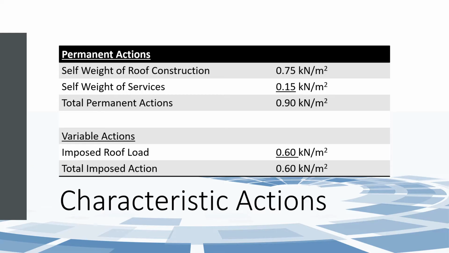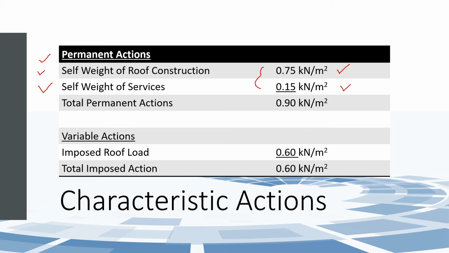At first, we need to determine the loadings. What are the permanent actions? Due to maintenance and services, the self-weight of roof construction is 0.75 kN per meter square. This value we got from Eurocode 1. The self-weight of services from Eurocode 1 is stated as 0.15 kN per meter square.